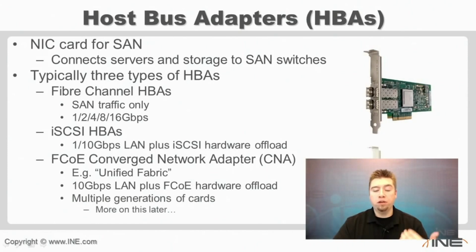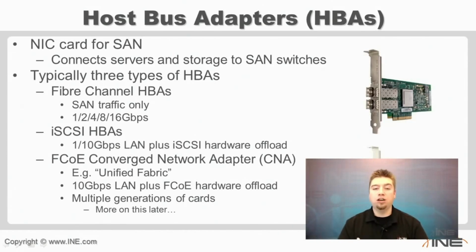There's a difference between the first gen cards and what are today the second and third gen cards: are they implementing the Fibre Channel in an FC ASIC and the Ethernet in an Ethernet ASIC and then bridging the two together, versus combining them in a single processor? From a standard point of view, when we look at the FC-BB-5 spec for FCoE, there's a difference between the Gen 1 cards and the Gen 2 cards.